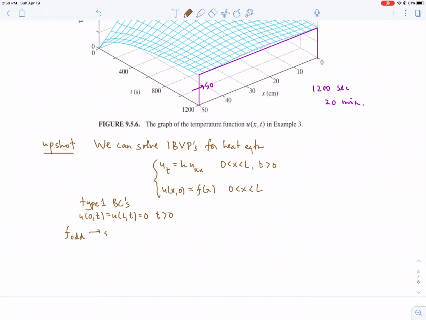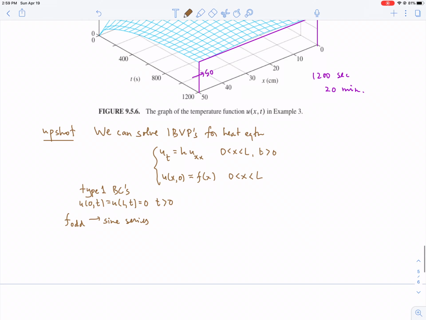That gives us a sine series. And out of that, we extend using the exponentials to extend to t positive to get u of x,t.